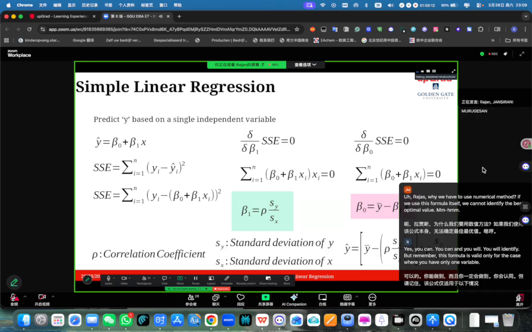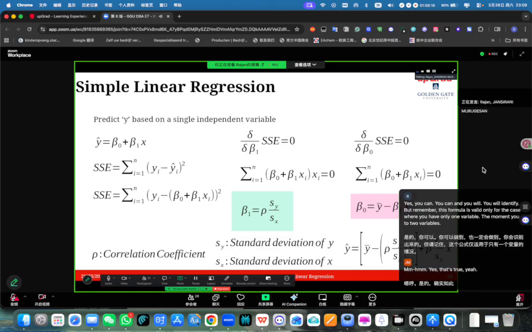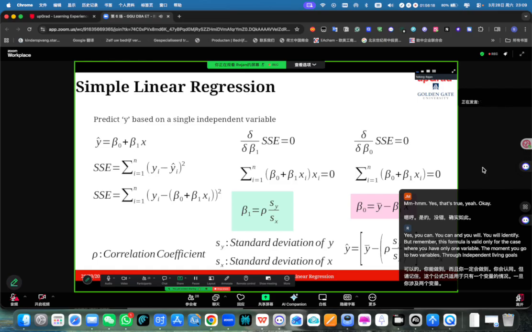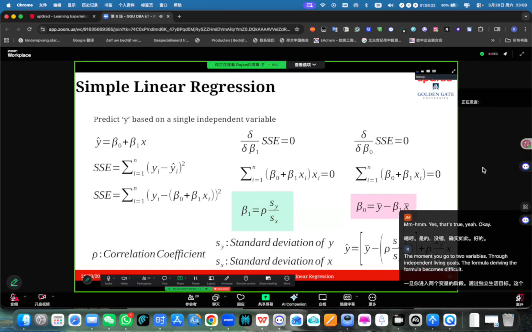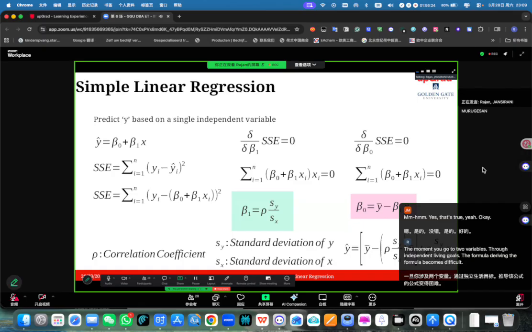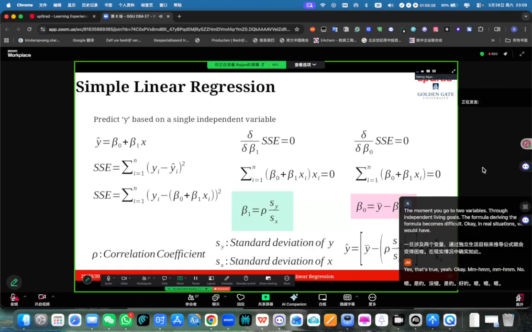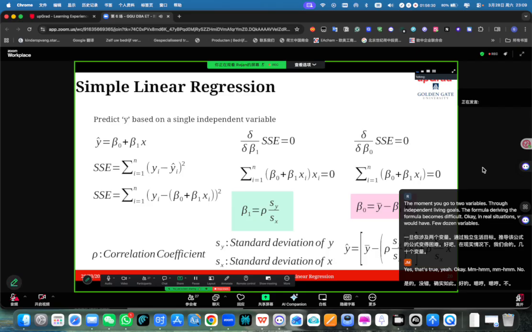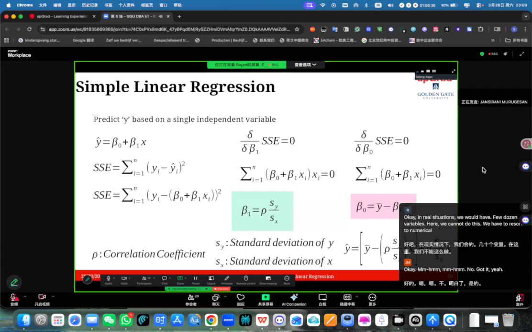The moment you go to two independent variables, deriving the formula becomes difficult. In real situations, we would have a few dozen variables, where we cannot do this, so we have to resort to numerical methods. Okay, got it.